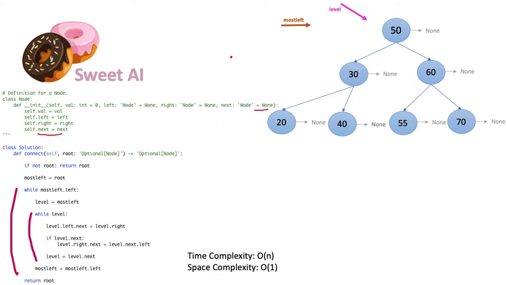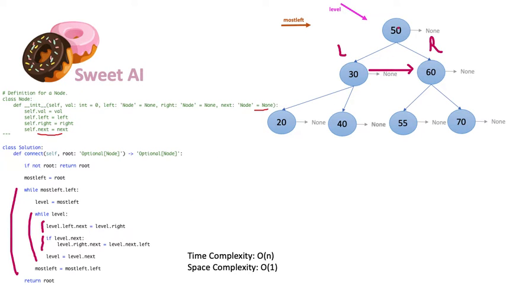We start from the root node, and while level, when there is a node here, we are going to set level.left.next, this one, to level.right. This is the one case that we had, where both nodes are the children of the same node, and this is for handling cases where the children are not the children of the same node.